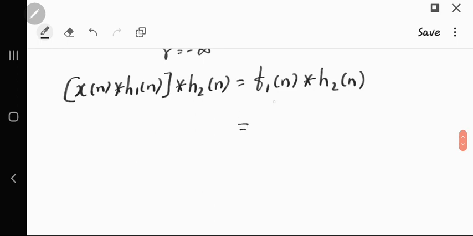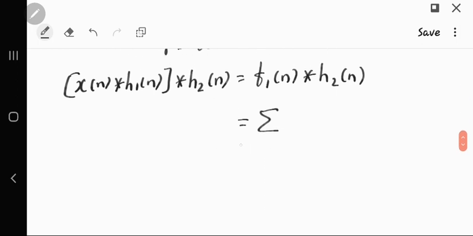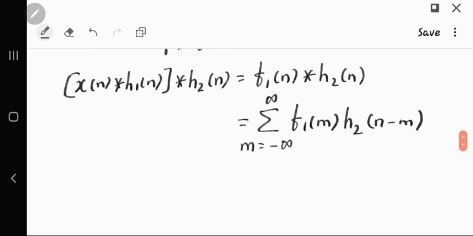Now what happens to this? f1 of n convolved with h2 of n. So from the definition, we can write it like this. Since I have already used k and r here, I am using a different alphabet to represent the limit and the time shift. So m is equal to minus infinity to plus infinity, f1 of m and h2 of n minus m. So observe, this is similar to the definition of convolution sum.